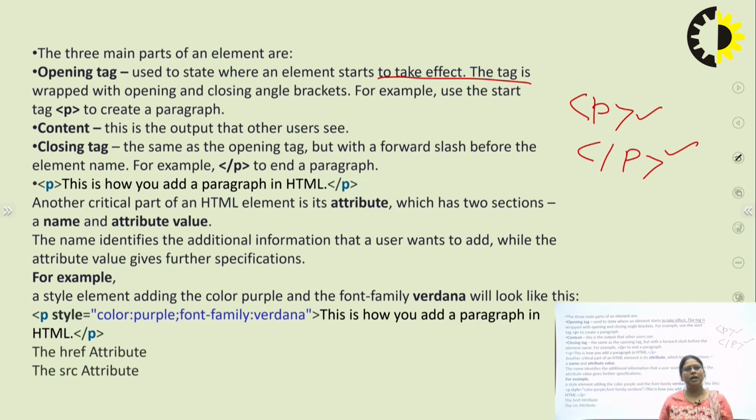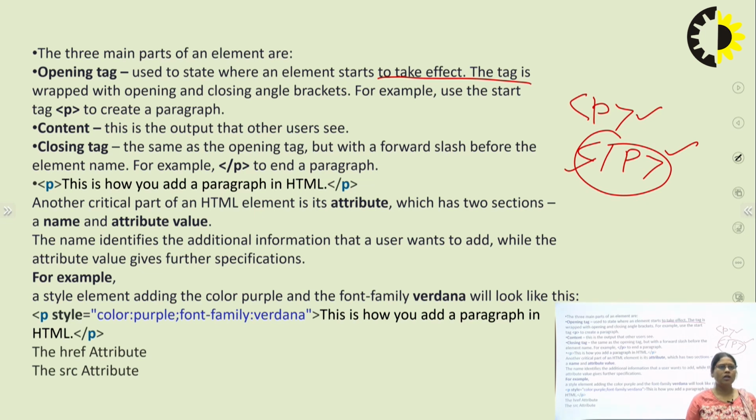Same as the opening tag, we write the closing tag. This is your closing tag, but with a forward slash before the element. So P, this is how you add a paragraph in HTML.